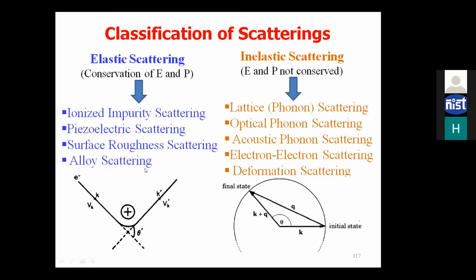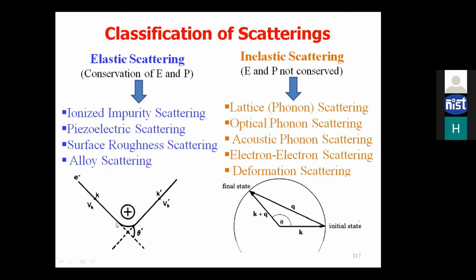So here I have shown it only for your clarification. See, there is a positive ion, a very heavy ion, at this position. The electron, due to its motion, is headed in the k direction, the incident direction of the wave vector.